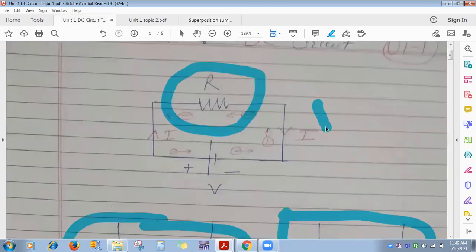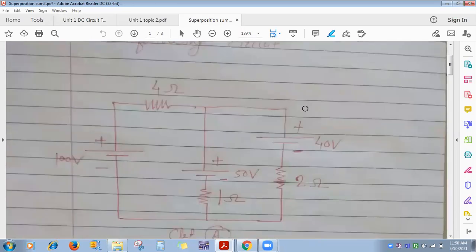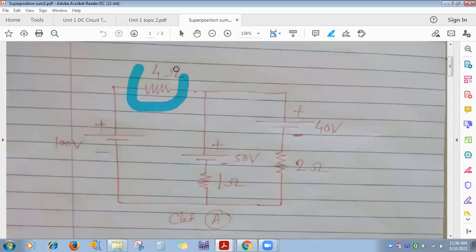Now you are going to simplify and analyze these circuits, meaning you have to find out unknown parameters. For example, here see voltage sources, their values are given 100, 50 and 40. Polarity is also given. Again, resistances, their values are also given 4, 1 and 2 ohm.